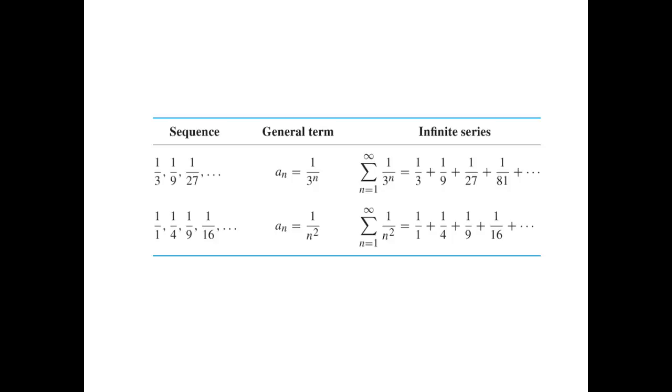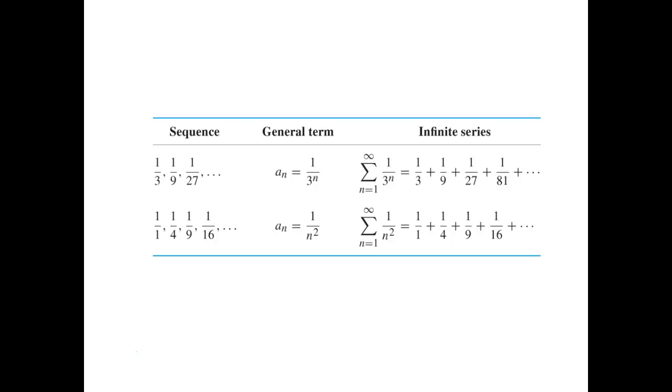Here's another one: 1/1, 1/4, 1/9, 1/16. What do you reckon that sequence is? One over n squared, exactly. Now you start adding those together: 1/1 plus 1/4 plus 1/9 plus 1/16.